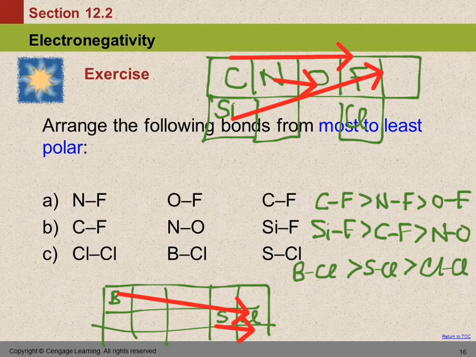Because using this generalization, you'd say, well, they're the same polarity. And actually they are pretty close, if not exactly the same in polarity. But I couldn't really ask you which one is more or less. So I'll only ask you a question like this where the differences in distance on the periodic table are actually not the same. Any other questions?